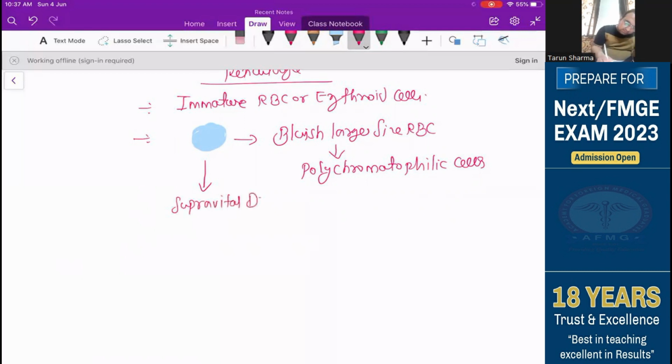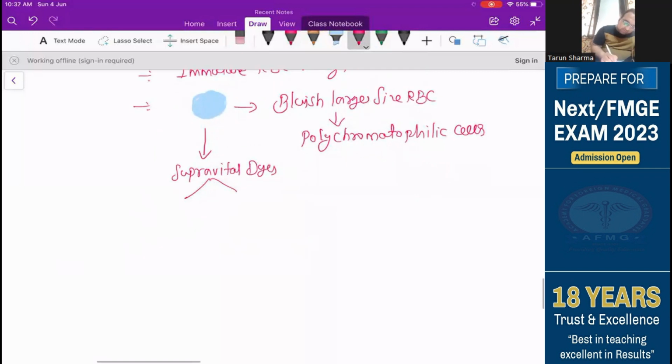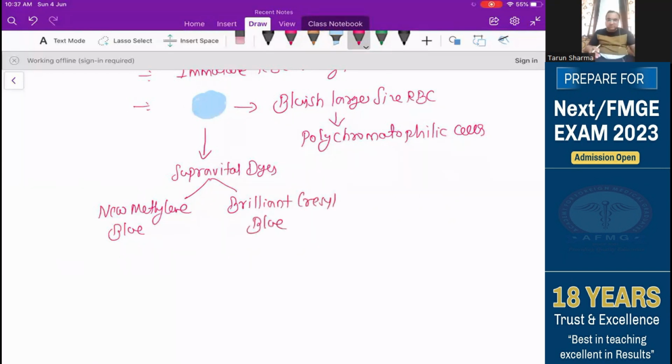We have two important supravital dyes. We can apply new methylene blue on the smear, or we can apply brilliant cresyl blue. These are the two important supravital dyes.